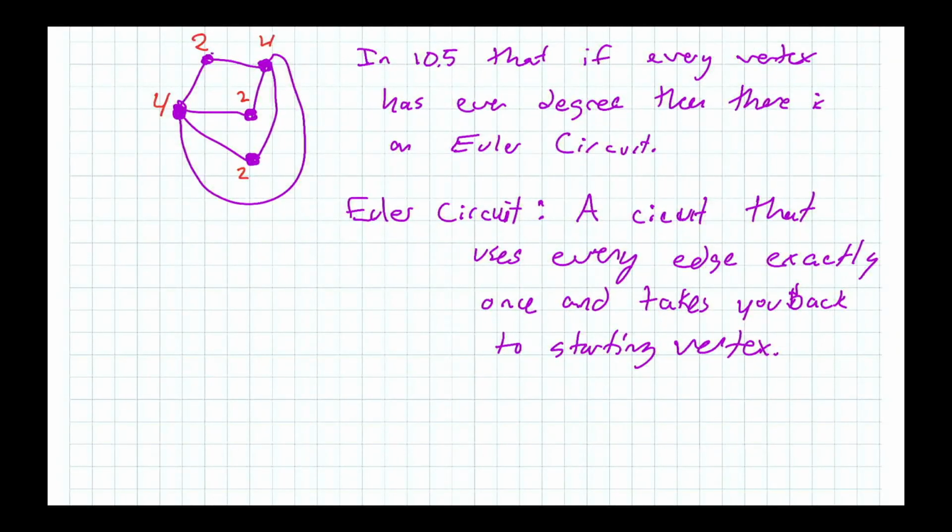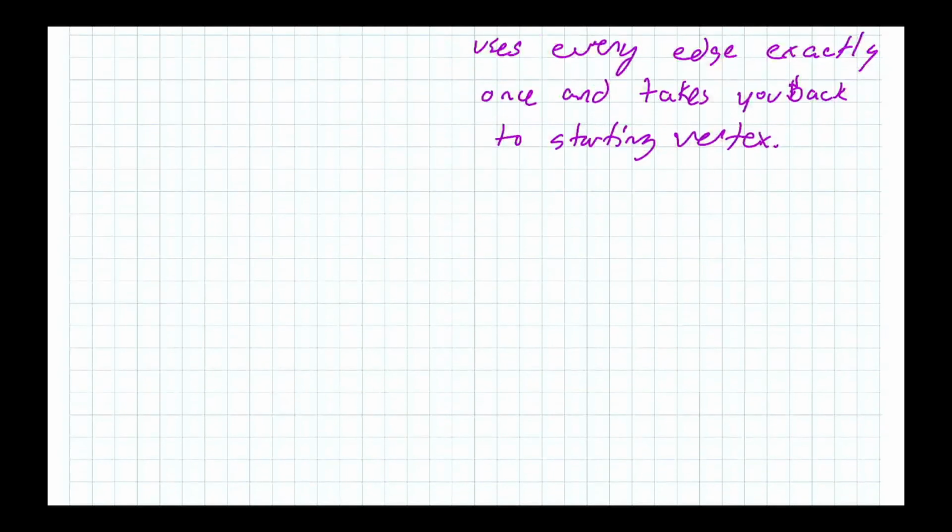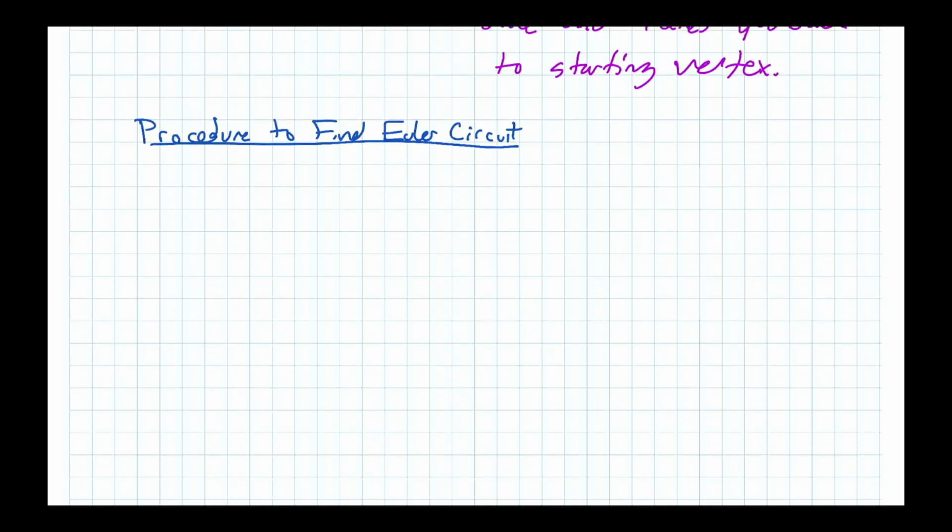So the procedure is this. This is from the book. I should just copy paste it, but I can't right now, so I'm just going to write it out to find Euler circuits. They call the procedure Euler.